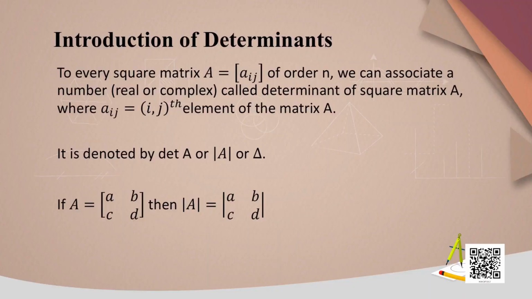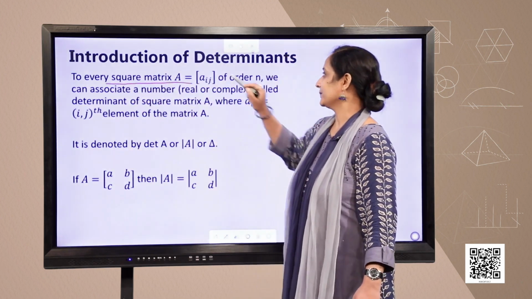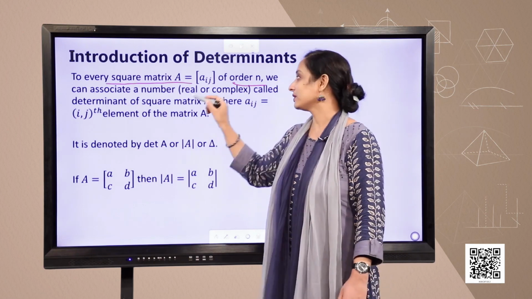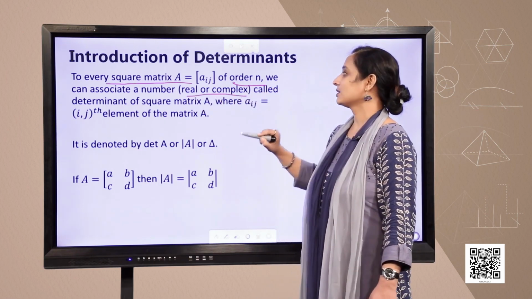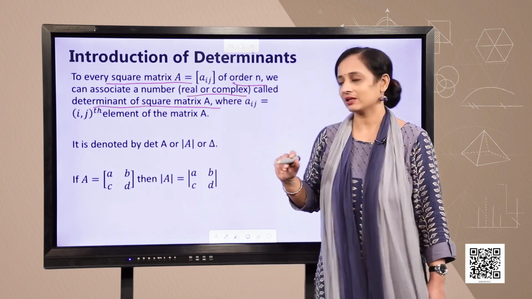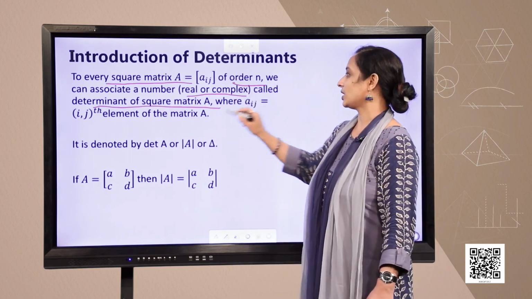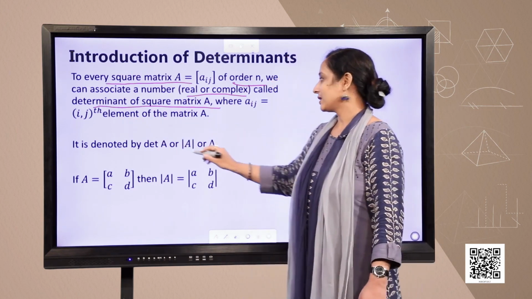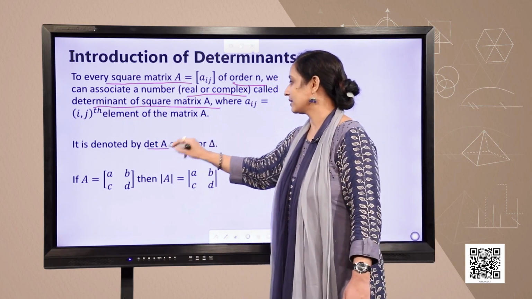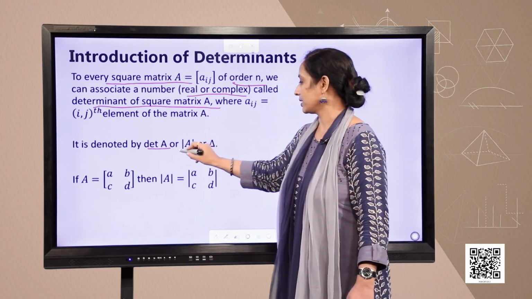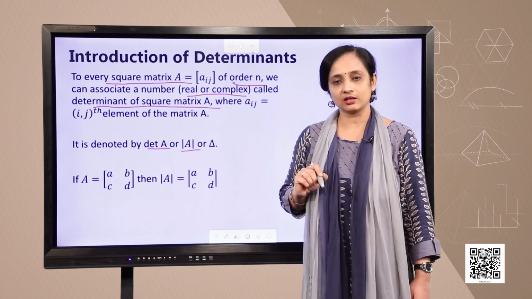Let us define what is a determinant. To every square matrix A of order n, we can associate a number which is real or complex. This number is called the determinant of square matrix A, where Aij is the ijth element of matrix A. This is denoted by det A, that is called determinant A. This can also be written as |A|.